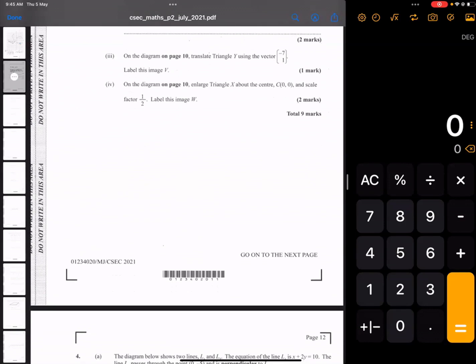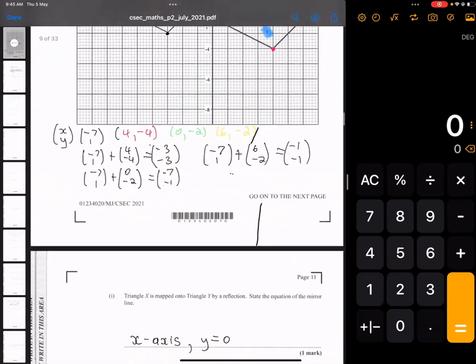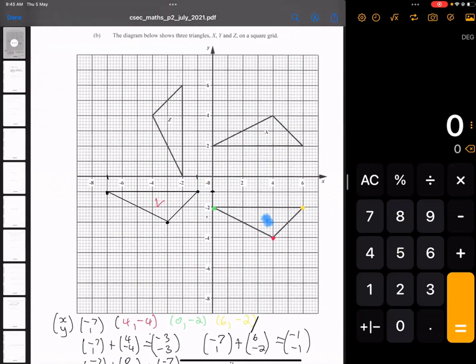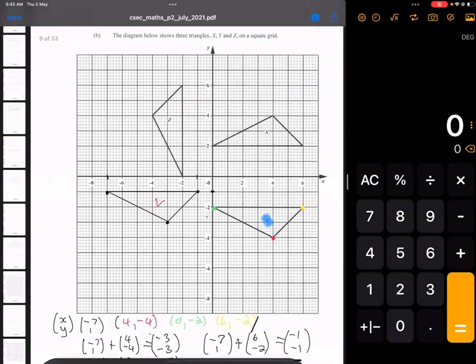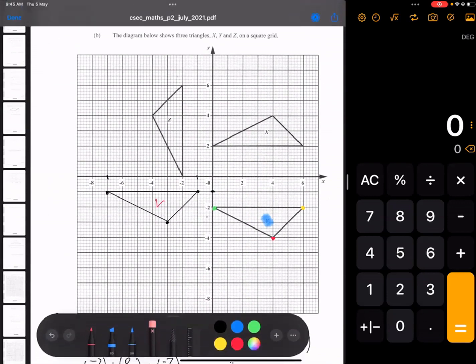So on the diagram on page 10, enlarge triangle X about the center 0, 0 with a scale factor of a half. So let's look for triangle X, which is right here, and we're going to enlarge it by a scale factor of a half at the origin.